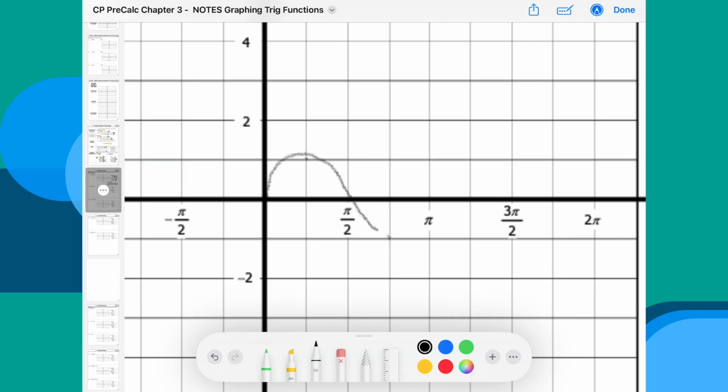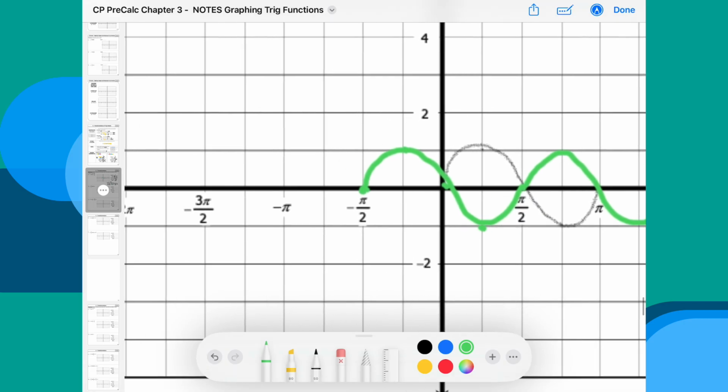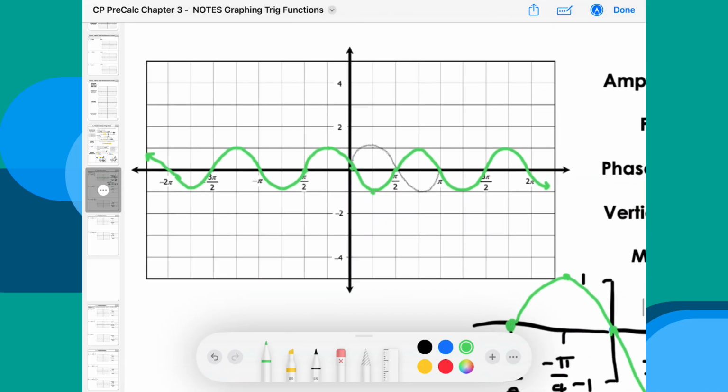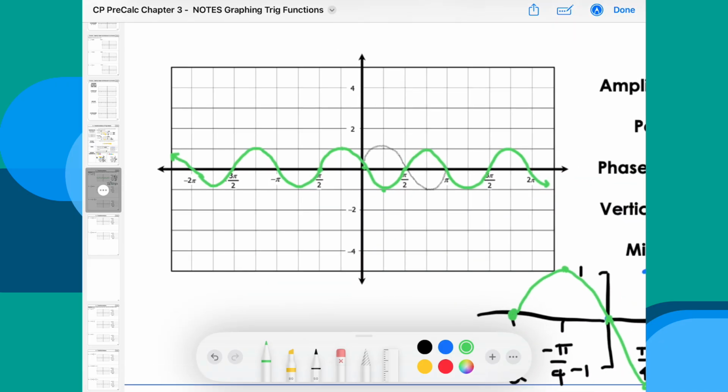So here's the original, and then we're shifting everything over 2, just like I showed you in the draft. We know that this is going to continue that same pattern, up, down to the right, and then we'll continue the pattern up, down to the left as well. Okay, there is your first phase shift graph.